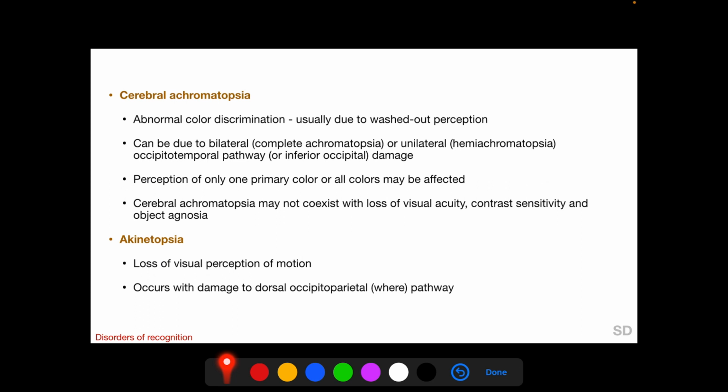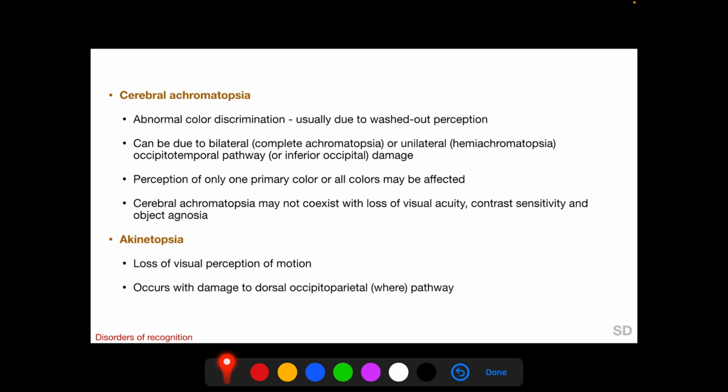So we can have complete achromatopsia or we can have hemi-achromatopsia, and there can be difficulty in perception of only one primary color or all colors. And in cerebral achromatopsia, visual acuity and contrast sensitivity can be normal and there may not be object agnosia.